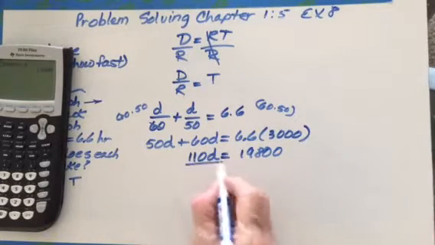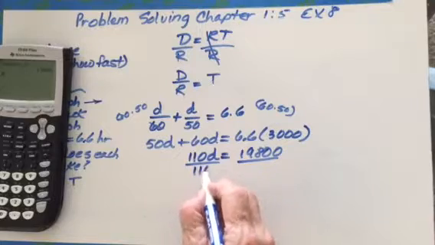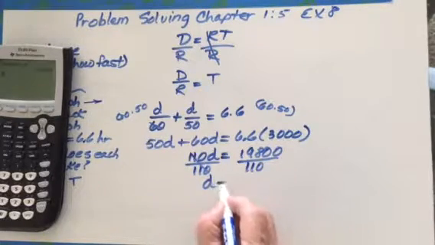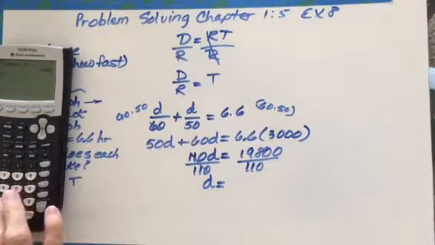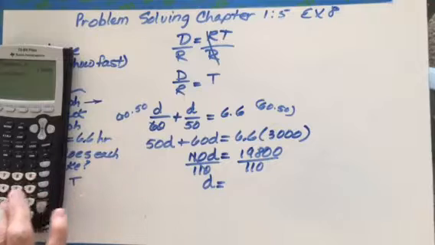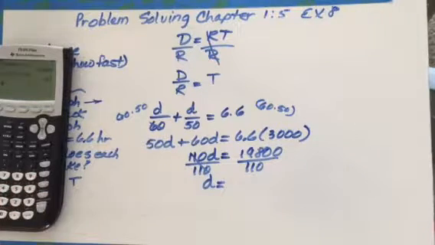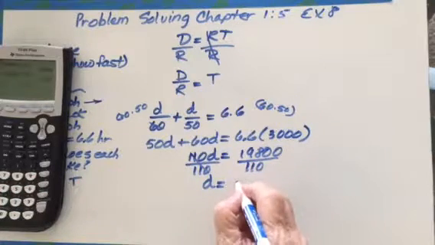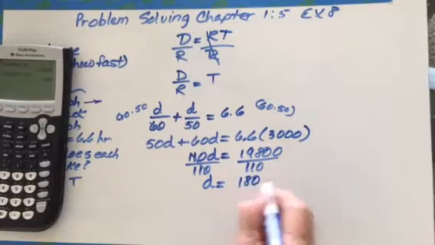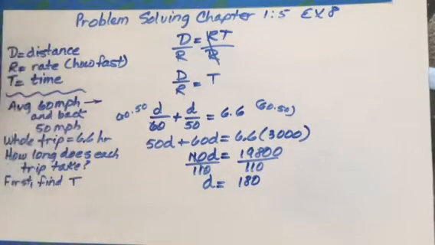Okay, and then I just divide this by 110. And my distance is going, let's see, 19800 divided by 110. And my distance is going to be 180. So the total distance was 180.